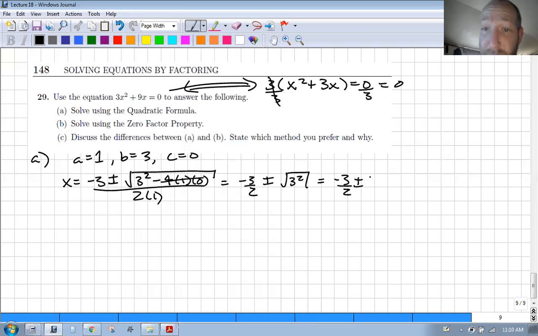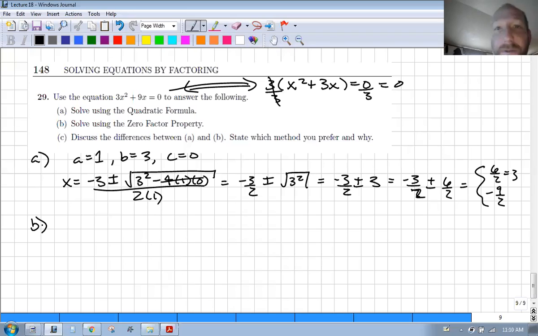Square root of 3 squared is 3. See, 3 is 6/2. So negative 3 plus 6 would be 6/2 or 3. Negative 3 minus 6/2 would be a negative 9/2.